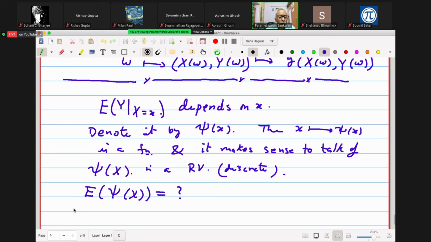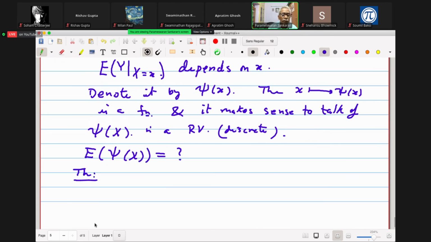It turns out that, theorem, let me state this theorem. I'll introduce a notation a little while later, but first, expectation of psi of X. Mind you, this of course depends on Y also.